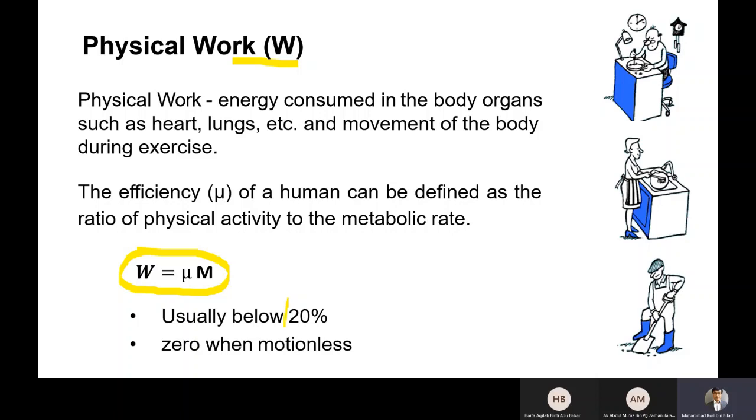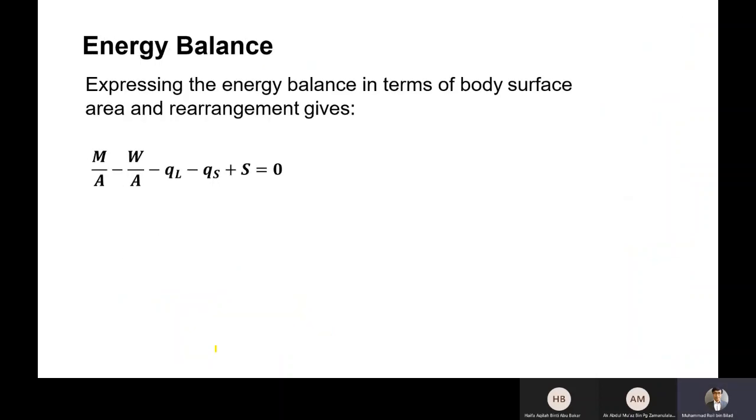The highest we can utilize for mechanical work is about 20%, which is when we do heavy physical activities, like you sprint, or you play badminton really seriously like an athlete, and it's really zero when we don't do anything. So that's the reference. First of all, metabolism we get from the table. Work is less than 20% depending on the activities. And next we go for the balance.